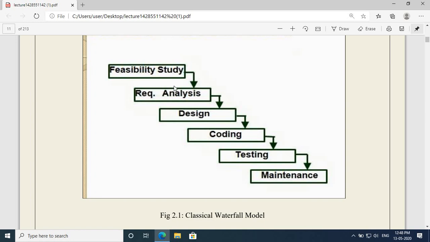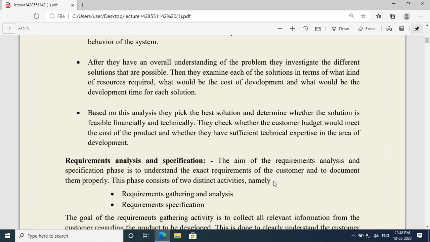Whatever requirements are present in the SRS document must be designed in the design phase by diagrams like class, object, interaction and sequence diagrams. In the coding phase, source code must be written for the program. In the testing phase, we find out the errors. In the maintenance phase, the software must be maintained in a specific way.